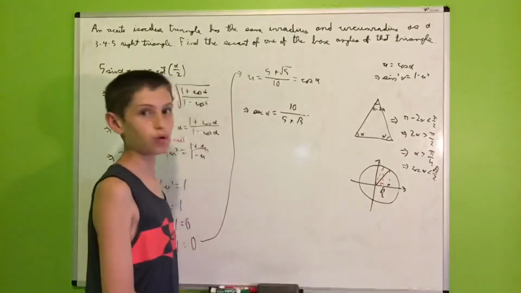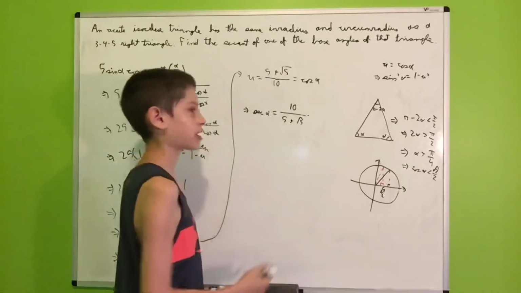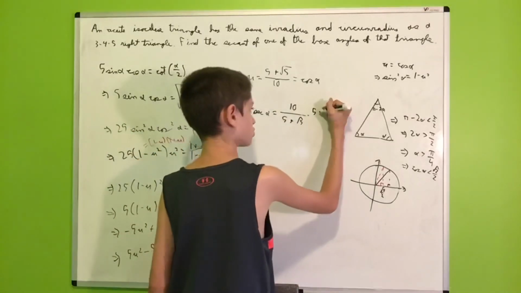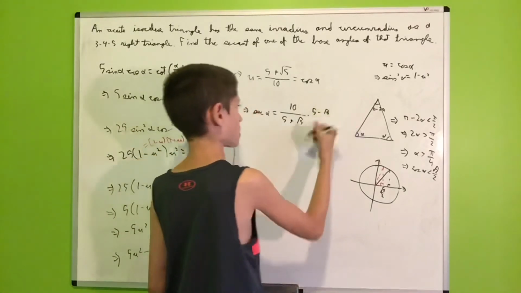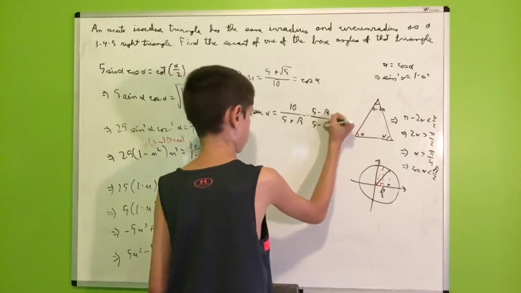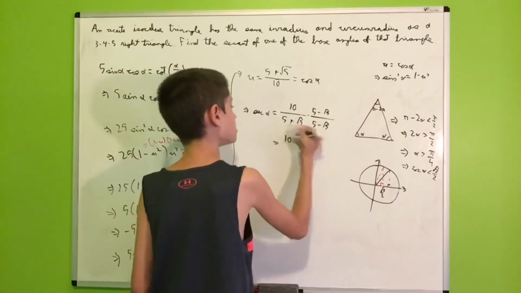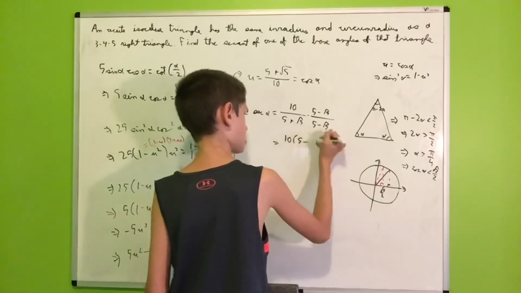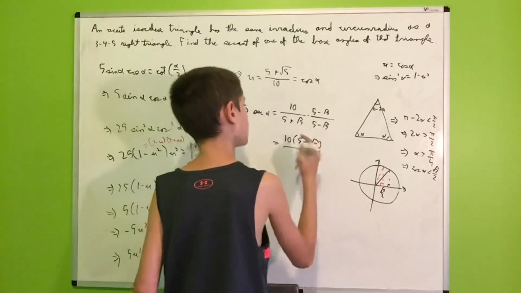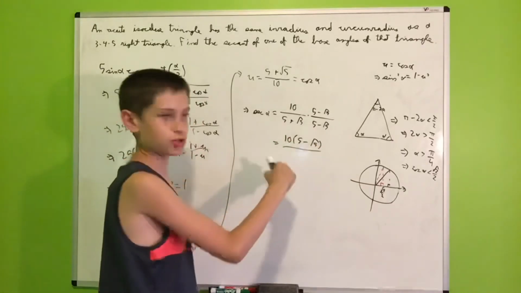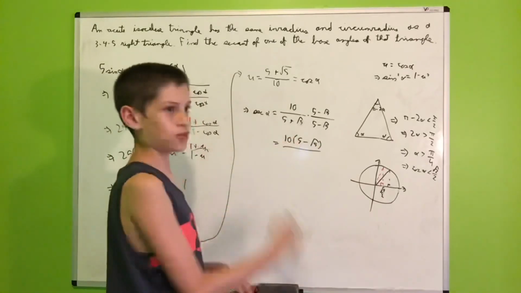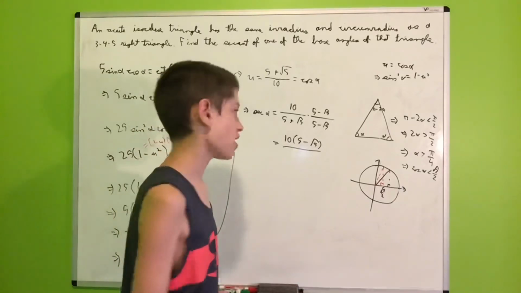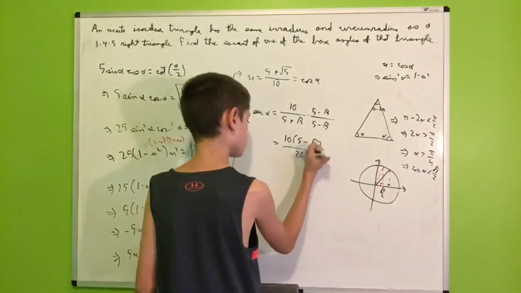And now we will rewrite our answer by rationalizing the denominator by multiplying by the conjugate. So this will be 5 times 5 minus root 5 over 5 minus root 5. So this will be 10 times the quantity 5 minus square root of 5. And then this is simply a difference of 2 squares, which is 5 squared, which is 25, minus square root of 5 squared, which is 5. 25 minus 5 is 20.